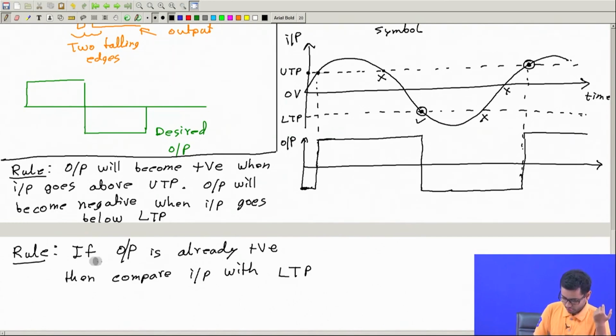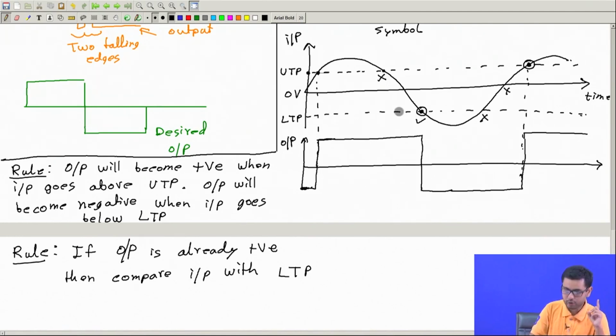If the output is already positive, then compare the input with lower trigger point. So like here in this region, this is positive output. Now whether to change the output or not will be decided by comparing the input with the lower trigger point, not with the upper trigger point, not with the 0 level. So here we are continuously comparing the input with the lower trigger point.